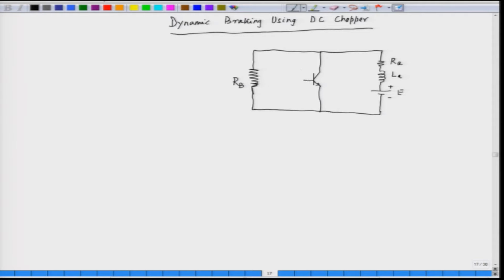So, this is the transistor T, and we can define the armature voltage VA and the armature current. This is the equivalent circuit of the armature of the DC motor, which is separately excited.